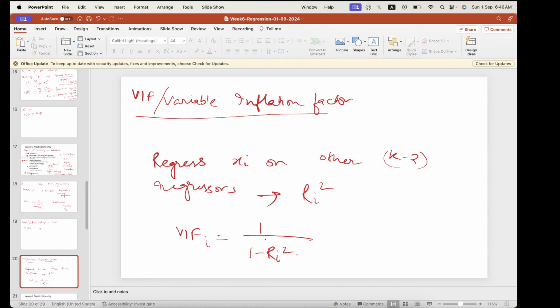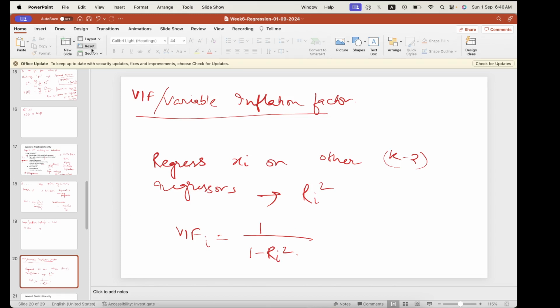So in that case, if Ri square is high, VIF will shoot up, and this is associated with the variance of the betas. So the variance of the betas will shoot up by this number. Why?